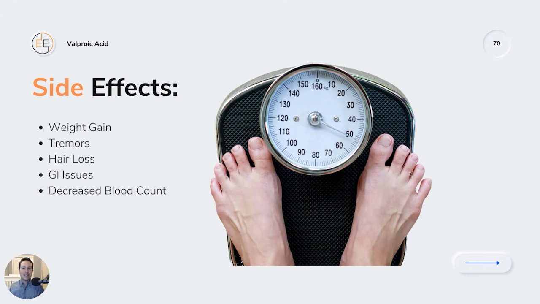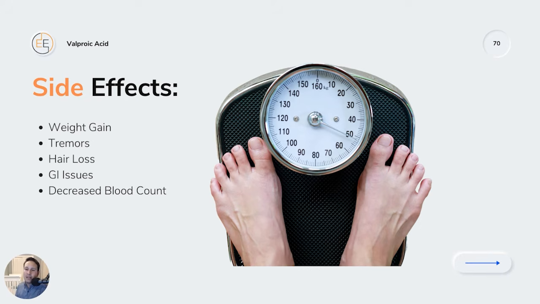Now, there are several effects of valproic acid on the patient. Some less serious are weight gain. It's less serious as far as it health wise. It's certainly not great for specific individuals, and we'll get into that.